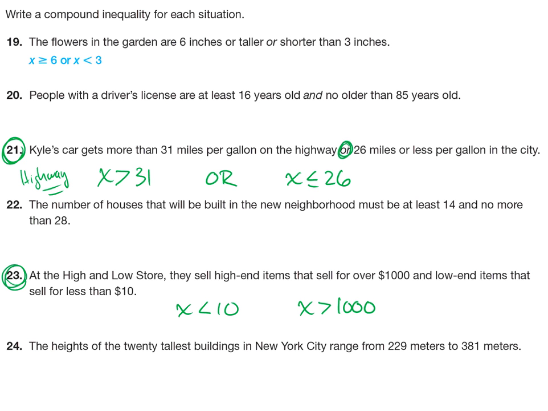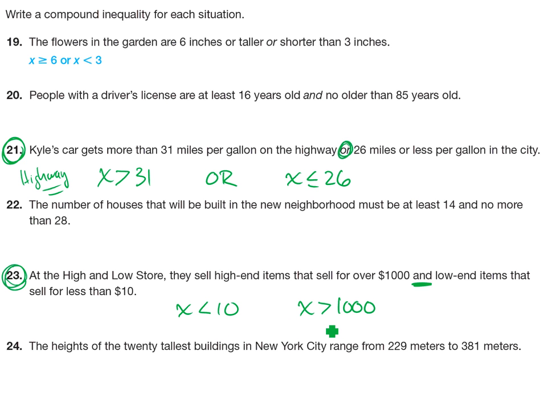Now, when they use the word "and" here, it's really deceptive and makes me slow down and think about this because it really is not an "and" situation, right? Although they sell things in this category and that category, values of X can either be less than 10 or they can be greater than 1,000.